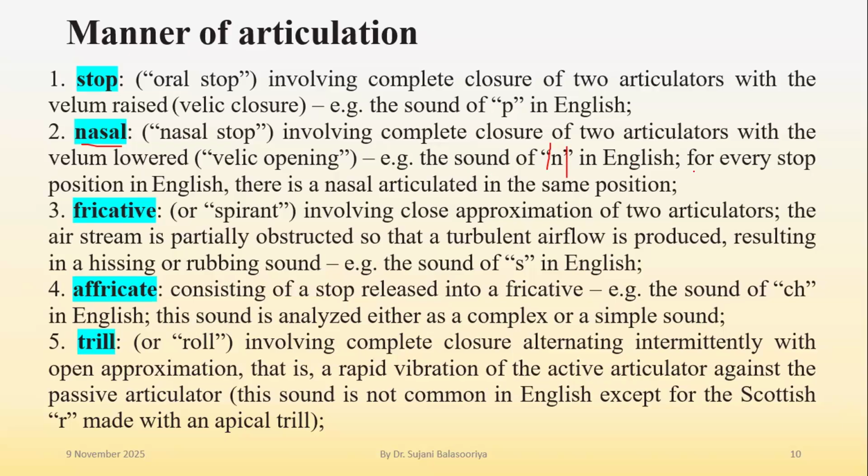We have m. In producing m also, we completely block the airstream. It's a bilabial consonant, but we do not talk about the place here. Place is not considered. Talking about how, m is also a nasal stop.